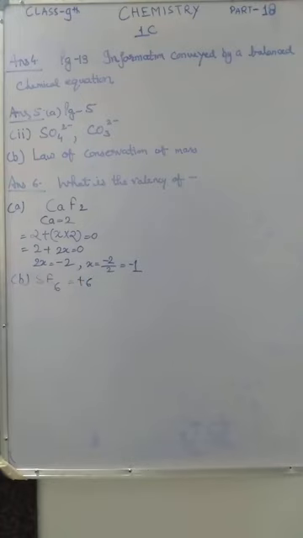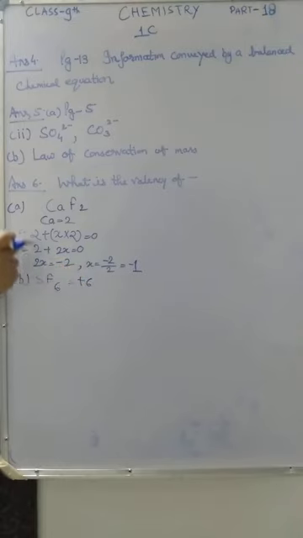Like this also you can understand. Because you know valency is the combining capacity of an element. So its combining capacity is, because it is combining 6 atoms of fluorine, that is why its valency will be positive 6 or plus 6.